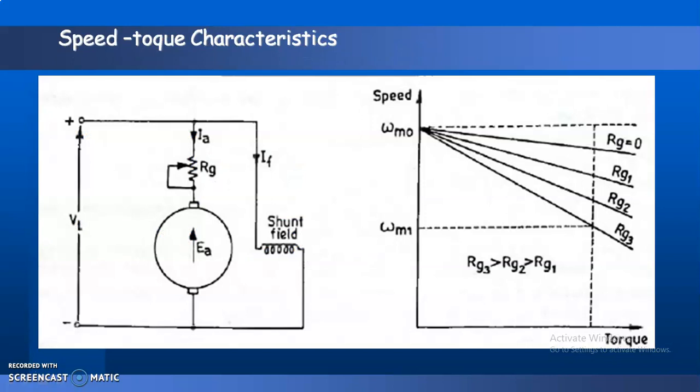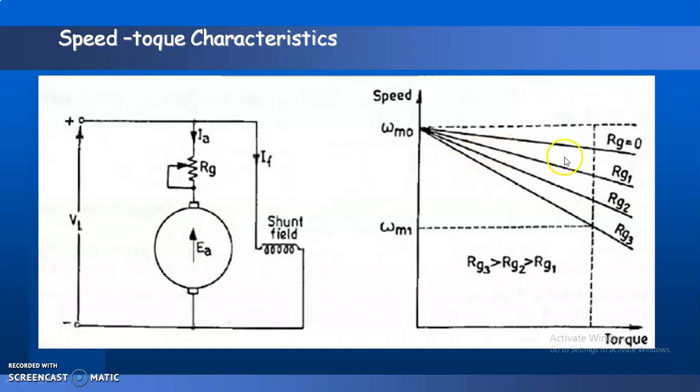Now if we increase the resistance value, the armature current decreases. Decrease of armature current means the electromagnetic torque of the machine is reduced, so the speed also reduces.